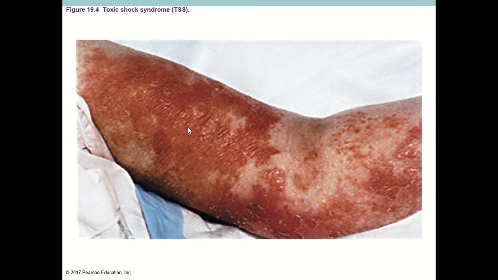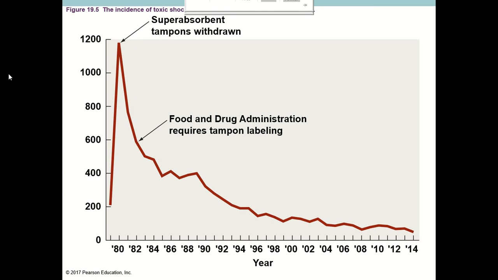Now, if left untreated, then toxic shock syndrome will cause disease. So the FDA required labeling of tampon boxes, and ever since the 80s, so this happened in the 80s, the incidences of toxic shock syndrome have been lowering.